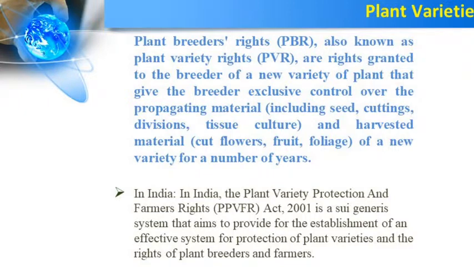In India, the Plant Variety Protection and Farmers' Rights (PPVFR) Act 2001 is a sui generis system, our own kind or unique system, that aims to provide for the establishment of an effective system for protection of plant varieties and the rights of plant breeders and farmers.